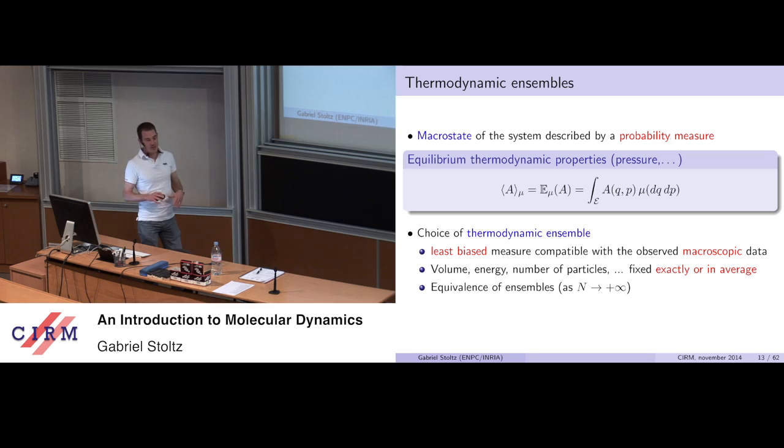So that's the general rule of thumb: you've got a probability measure and an observable which you want to average with respect to it. And there will already be a problem, because the probability measure is very high dimensional, so computing averages with respect to this measure will be difficult.